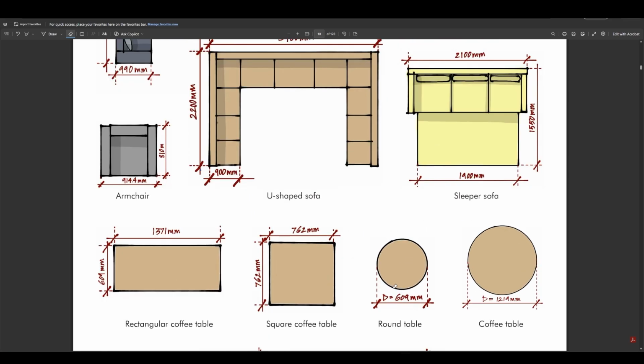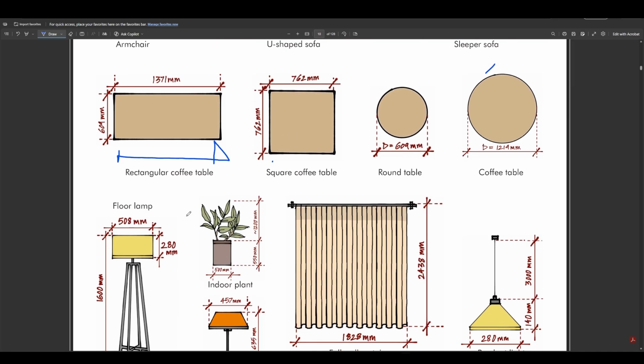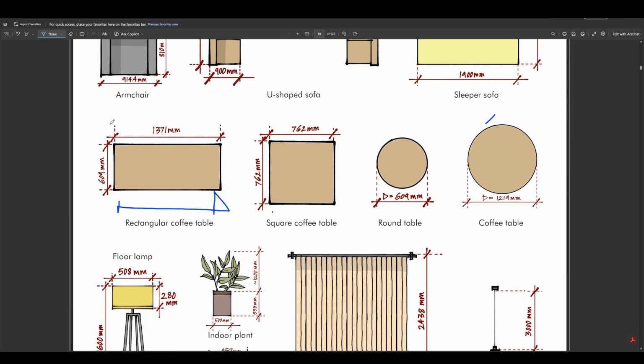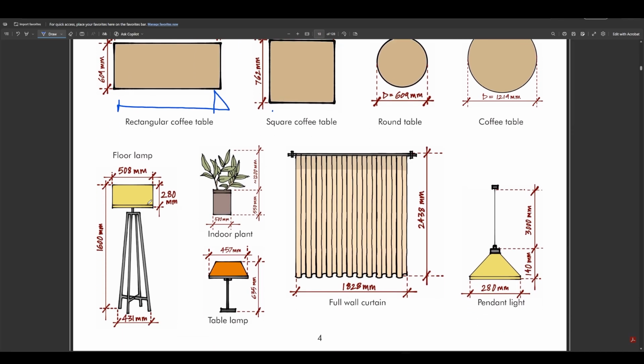Okay, so next is the table and different types of table, like coffee table, rectangular, square, round, whatever. So you can see the dimensions of these also, and obviously there are planters, table lamps, curtains, lights.